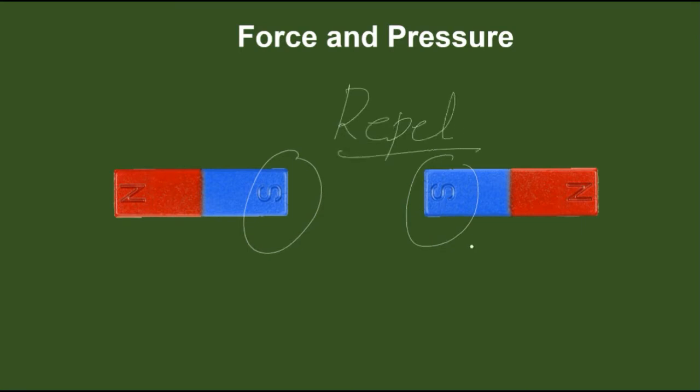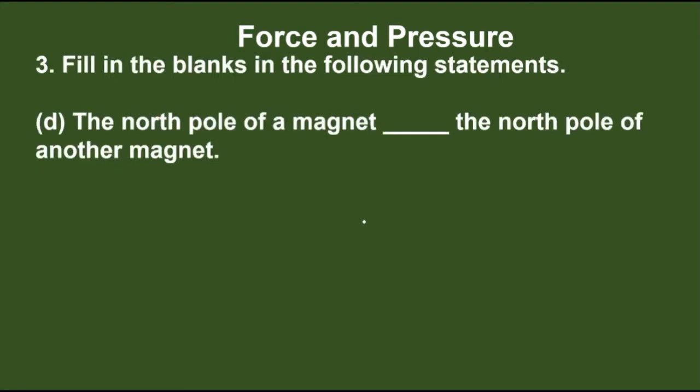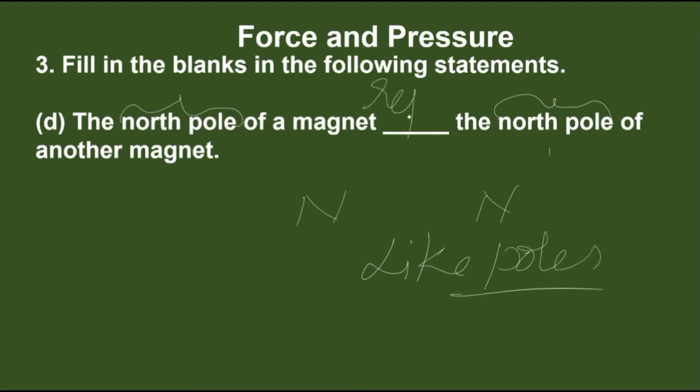You all have done this experiment, and unlike poles attract. The question is that the north pole is brought near the north pole, so N and N are facing each other, they are like poles, and therefore they should repel. Okay, quickly we'll go for the next question.